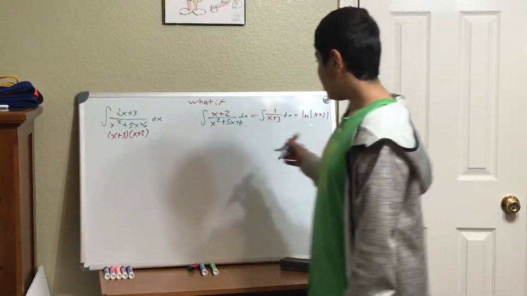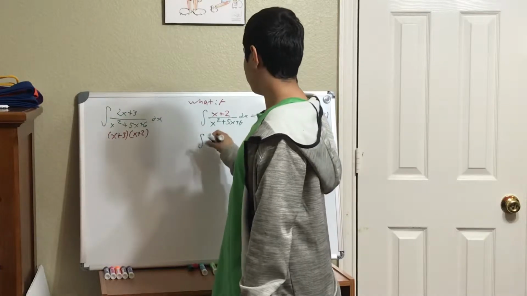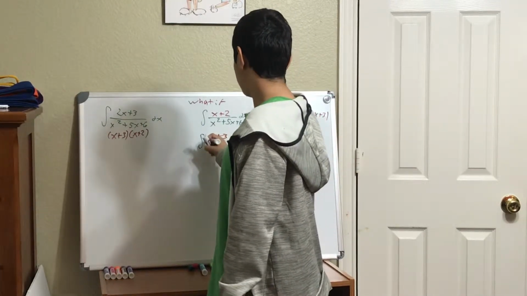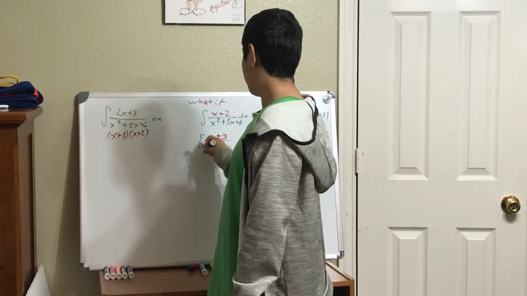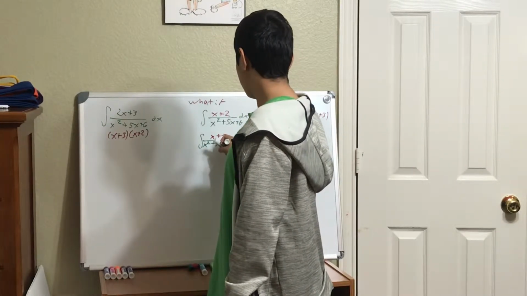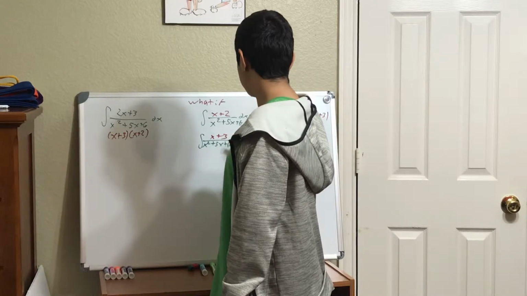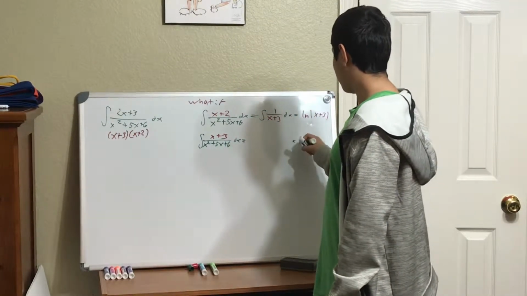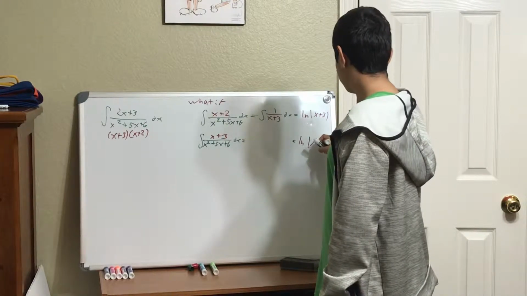And then what if it was the other factor? So instead of x plus 2, let's do x plus 3 on the top, all over x squared plus 5x plus 6 dx. Well, by the same logic, it's ln of x plus 2.